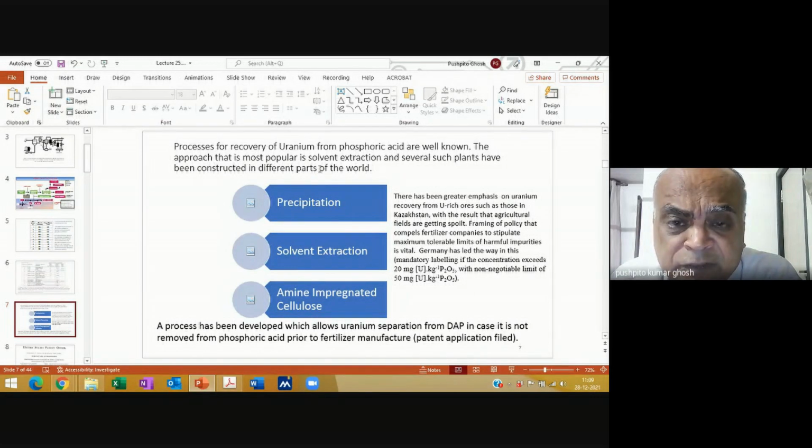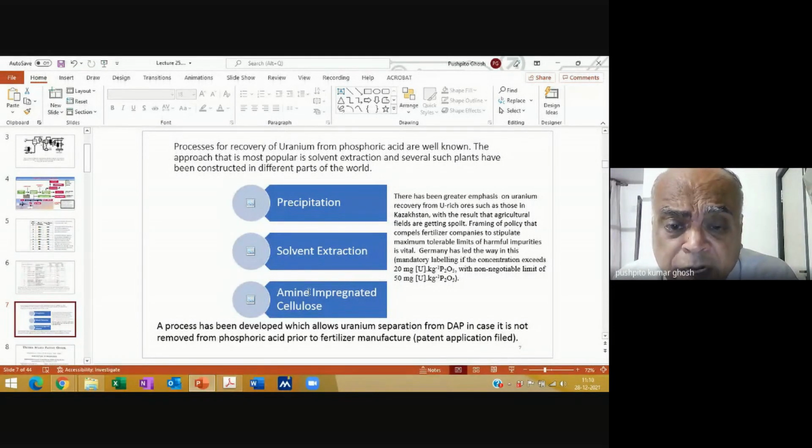So these techniques had been well worked out. One is that there is a technique to precipitate out the uranium. Another is you can do a solvent extraction with some organophosphorus solvents, and you can pull out the uranium from the phosphoric acid, and then you can again strip off the uranium which you pull out, and then you can recycle that solvent.